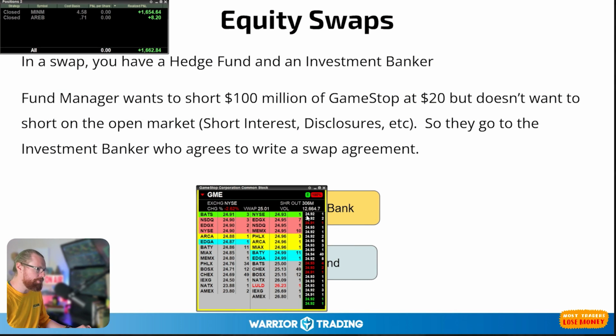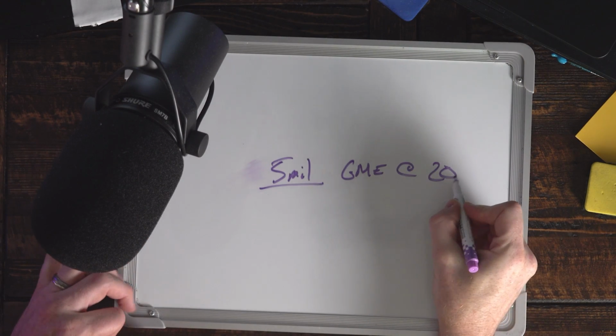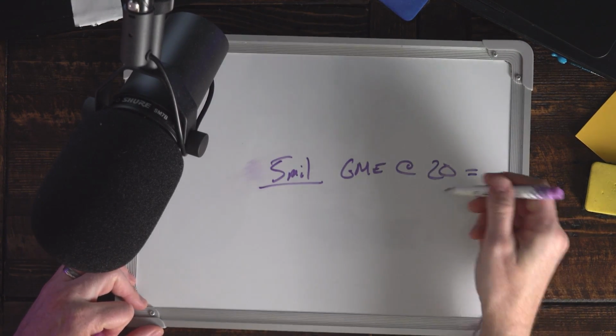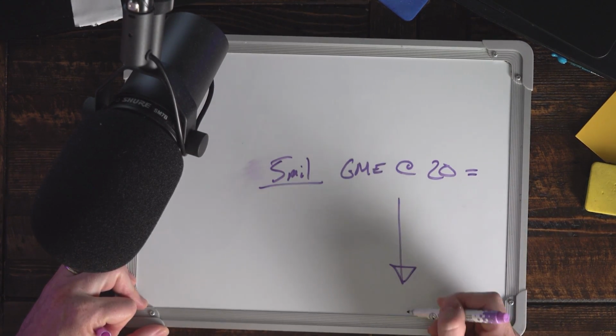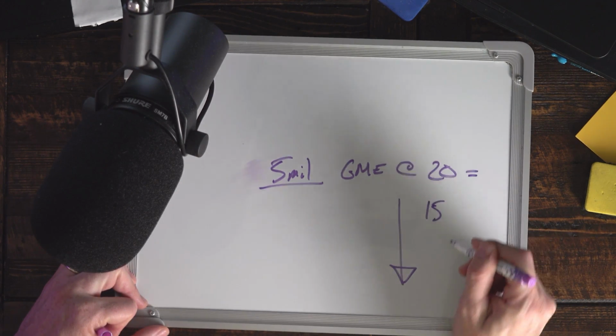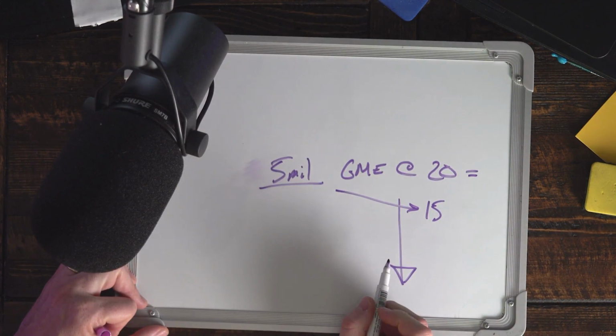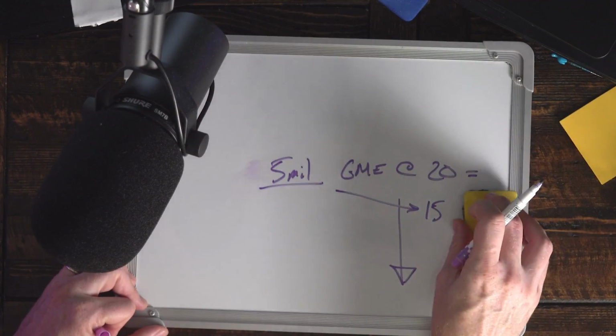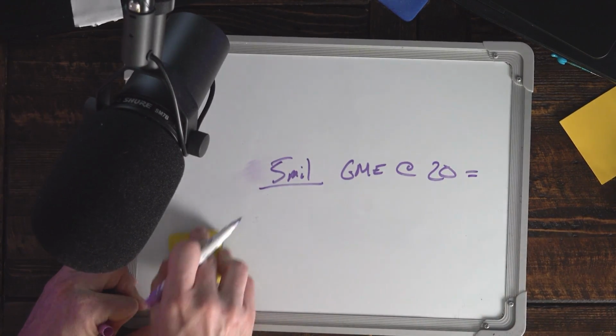So if you wanted to short 5 million shares, you would be half the volume of GameStop for this entire day. If you subjected the stock to that much selling, it would drop it. And the result is that instead of shorting at $20 a share, by the time you've taken your full position, the price may have dropped to, let's just say, $15 a share.